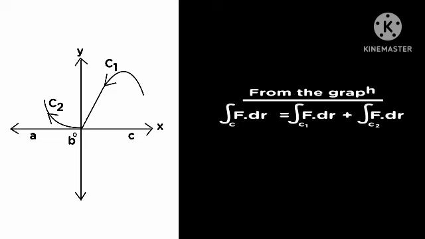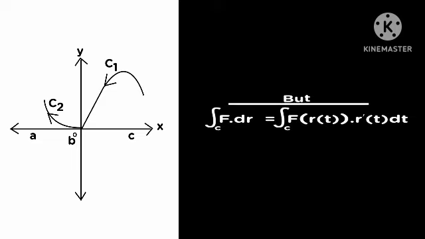From the graph, the line integral over the whole curve, which is piecewise smooth, is equal to the line integral over curve 1 plus the line integral over curve 2, meaning that the line integral over the whole curve is equal to the summation of the two line integrals.